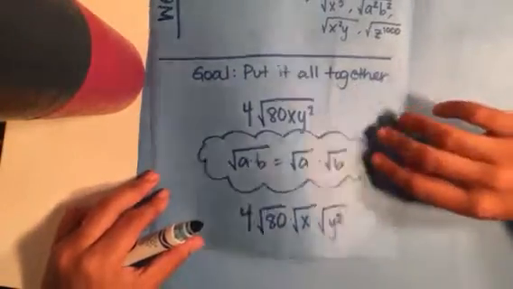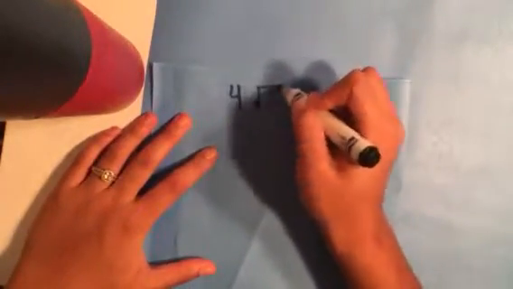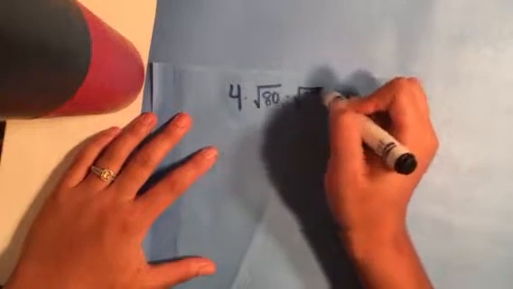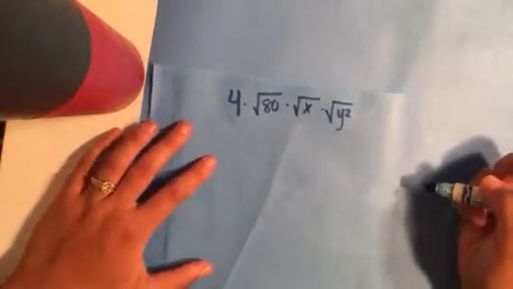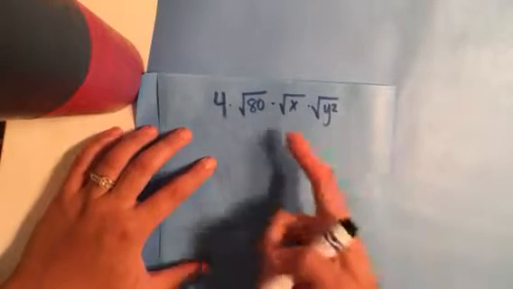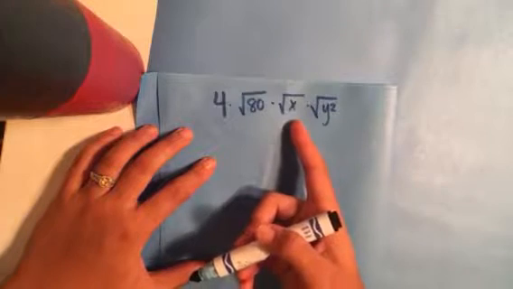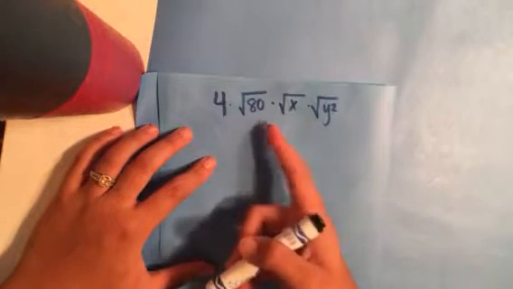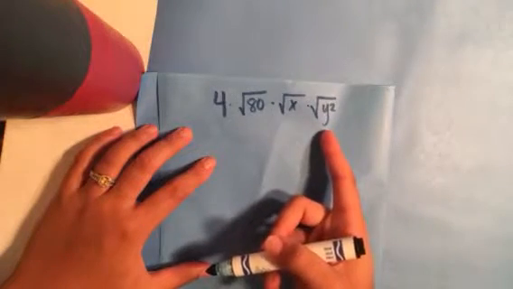So, let's look. Can we take 4 times root 80 times root x times root y squared, and can we simplify any of these? Well, the answer is no for x, because nothing times itself equals x, but we can break up 80 and we can simplify y squared.